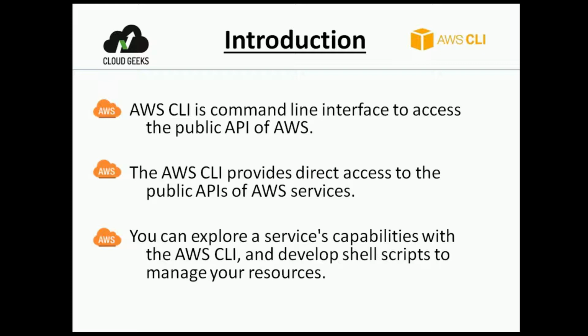Now this is another aspect of your AWS implementation. Let's say you wanted to develop a shell script which accesses the public APIs you have already created on AWS, and then manage them. In those cases, you can create a shell script which manages your resources, and you can do a hell of a lot of things using the AWS CLI.